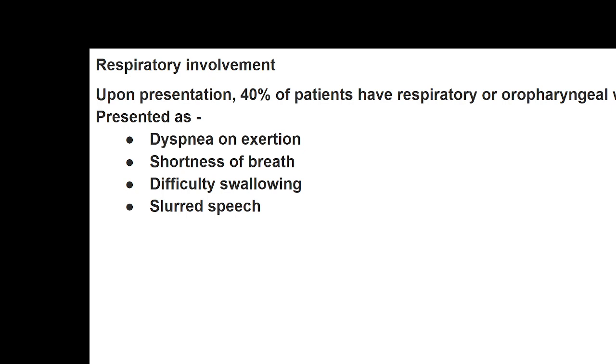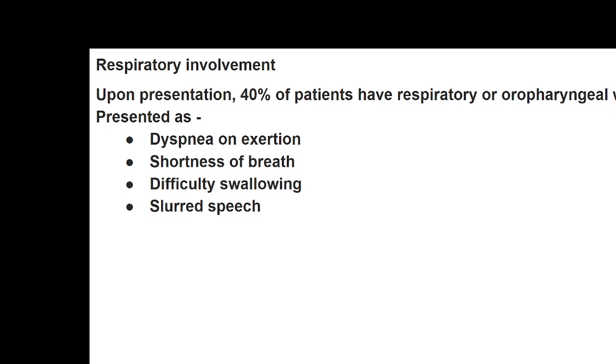Then respiratory involvement is the most critical issue. Any patient presenting with GB syndrome has to be considered a potential risk for respiratory involvement, and patients particularly who have either upper limb involvement or oropharyngeal weakness, it can be considered a sign of respiratory involvement.